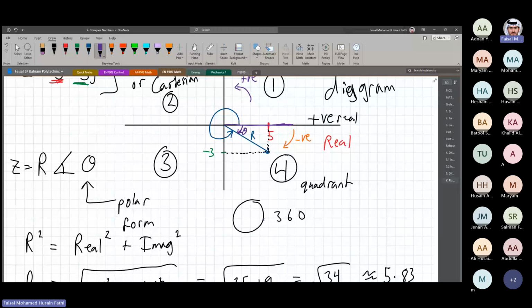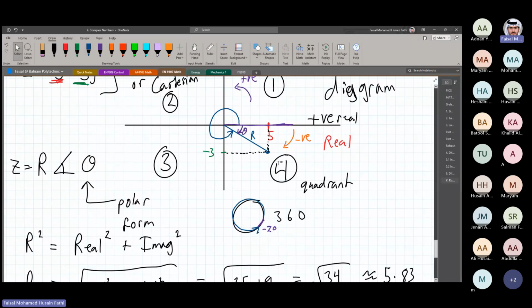Theta, if it's below in the fourth quadrant, it's going to give a negative number, for example, minus 20. So when you add the 360, it's basically as if you're saying it's 360 minus this part. The remaining part is only going to be from the x up to here. That's why you can just simply say it's minus 20 plus 360.